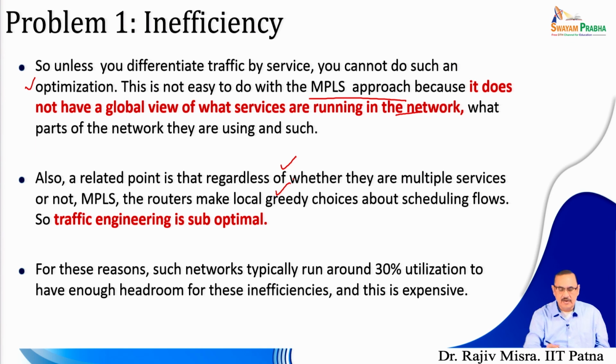So, traffic engineering is suboptimal in MPLS. For these reasons, such a network runs at around 30% utilization to have enough headroom for these inefficiencies, and that becomes too expensive for running the business of clouds such as Google, Amazon, and Microsoft.